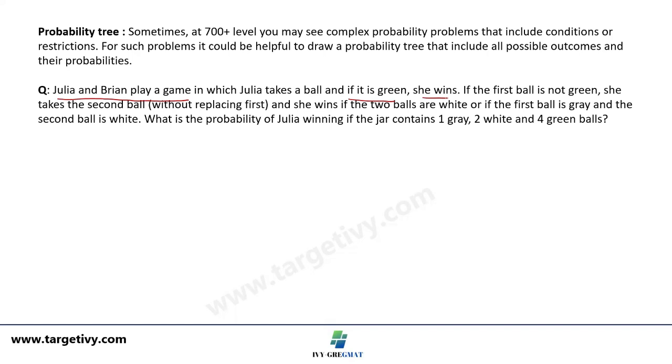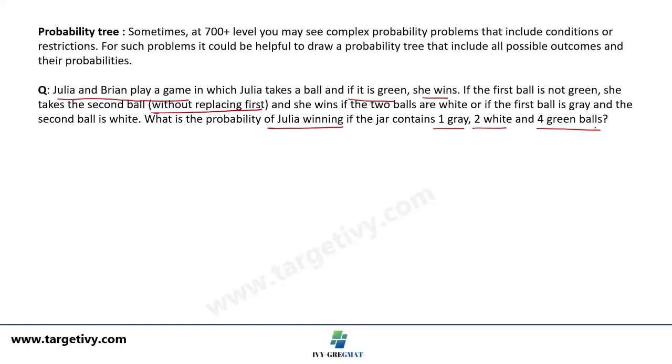If the first ball is not a green, she will take the second ball without replacing the first, and she wins if the two balls are white, or if the first ball is gray and the second ball is white. What is the probability of Julia winning if the jar contains one gray ball, two white balls, and four green balls?